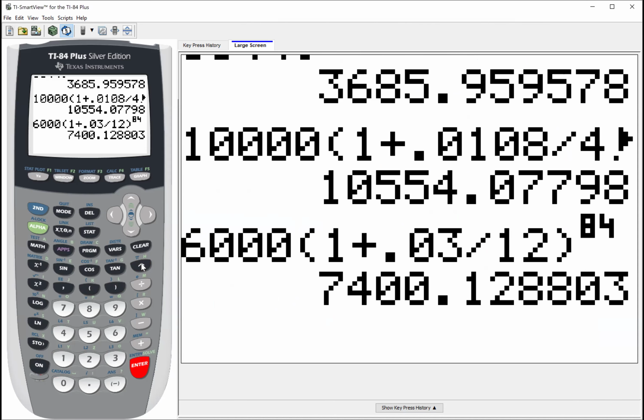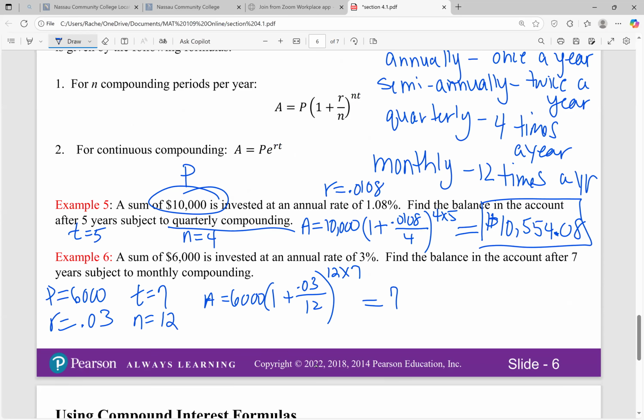And we get about $7,400.13 if we go to 2 decimal places. So this is going to be about $7,400.13 that we would have after the 7 years if we were to compound monthly.